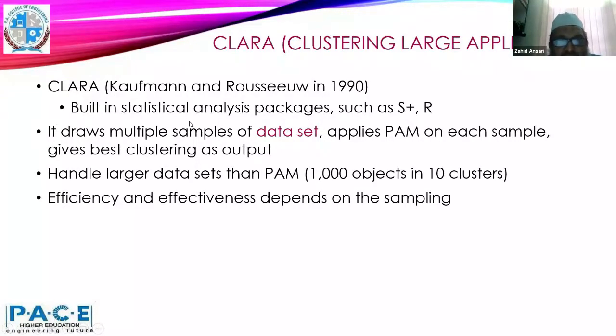So what we do in this is draw multiple samples of the data set. Instead of applying PAM on, let's say, a data set of 1000 objects, we perform sampling. Let's say we get 100 objects out of that. This 100 objects is a sample that we think will be representative of those 1000 objects, and on that we perform PAM.